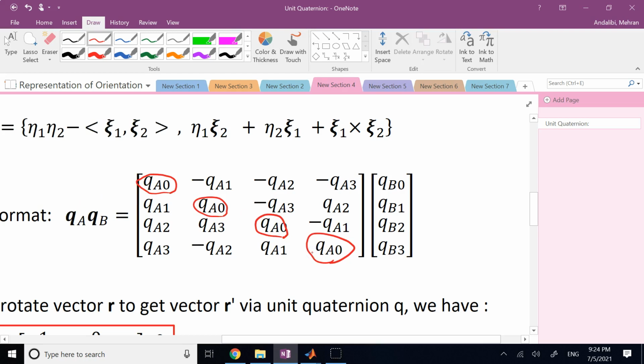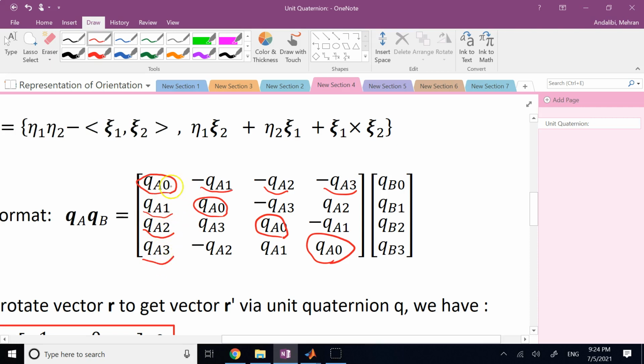Then the rest of the first row is just as if you put the whole QA on the first row. After QA naught, you have QA1, QA2, and QA3. The same thing for column 1. After QA naught, you have QA1, QA2, and QA3.